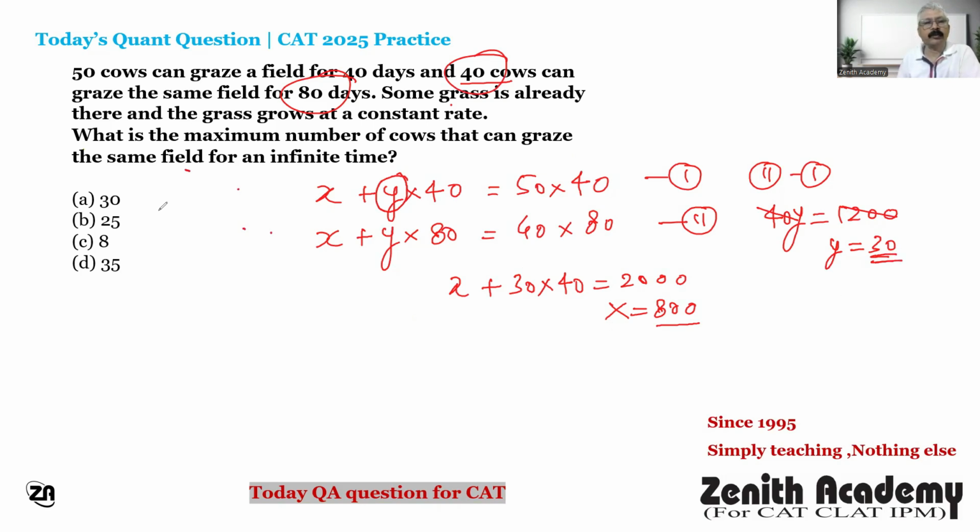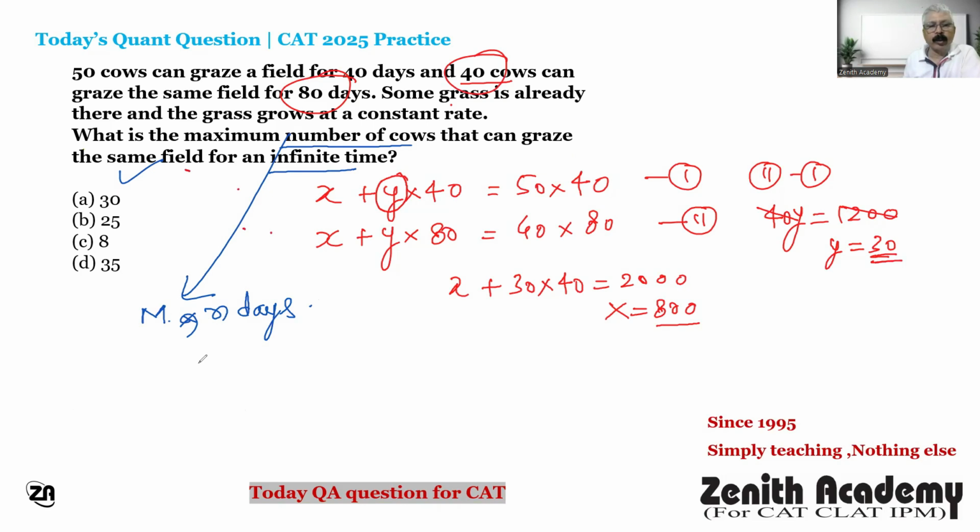Now your question is, find the maximum number of cows that can graze the same field for an infinite time. So suppose the maximum number of cows is m, and they survive for n days.